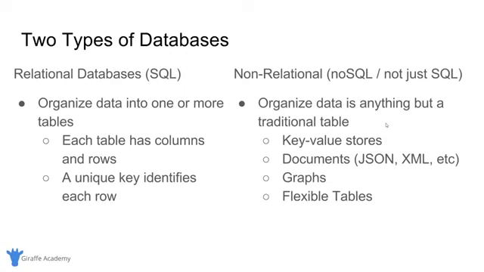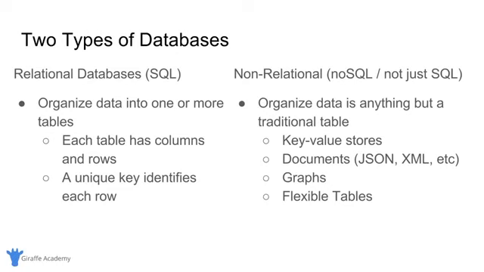And a non-relational database is basically just any type of database that's not a relational database. So like I said, relational databases are by far the most popular type. And because they're so popular, any other type of database that's not technically relational is just referred to as non-relational. And non-relational is very general, because any database that's not relational is getting put into this category.